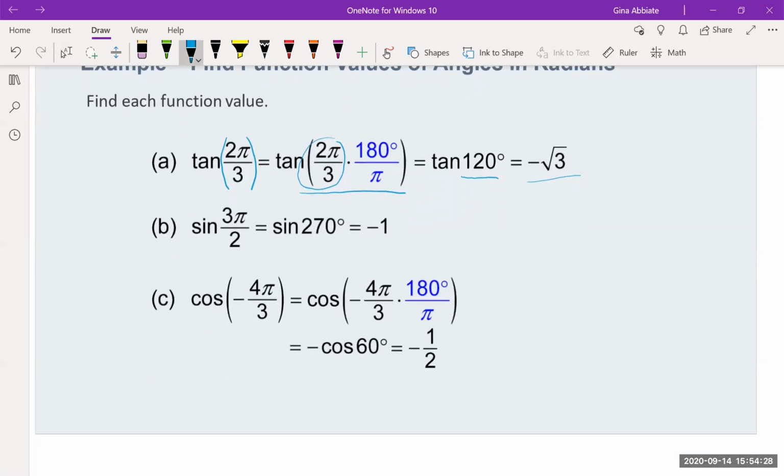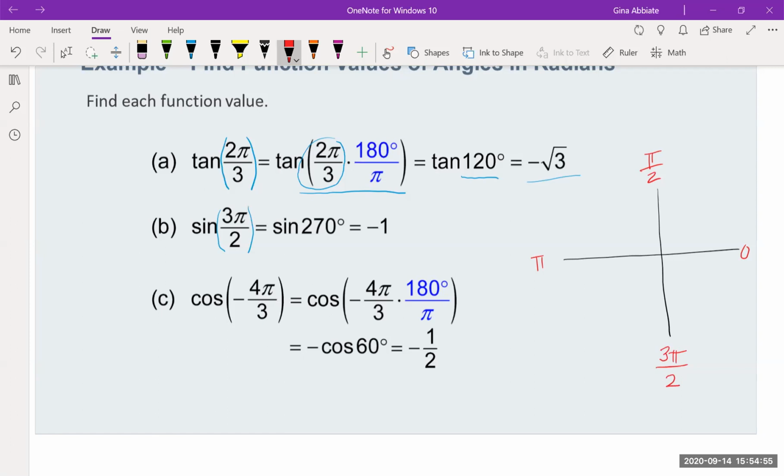Similarly here, they're taking the sine of 3 pi over 2. Well, where is 3 pi over 2? If this is pi over here, we said, and this is 0, and this is going to be pi over 2, cutting that distance in half, well, 3 pi over 2 is going to be down here.